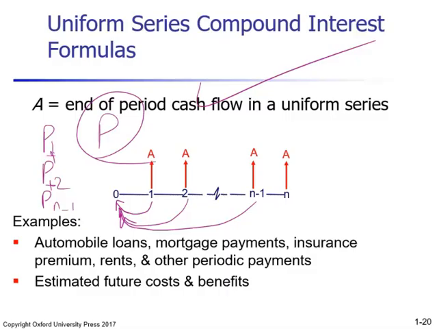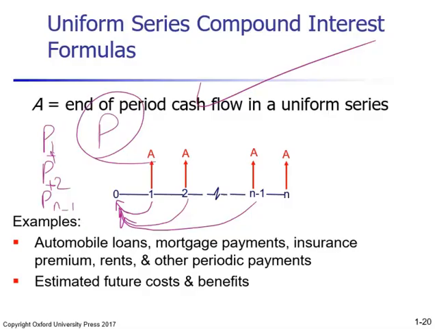If you have that approach to this type of thing. So we are going to make it a little bit easier. And as you can see in the examples in this slide, it says automobile loans. We have regular payments, mortgage payments, insurance premium, monthly rents, and all those things. So the world around us are full of payments.